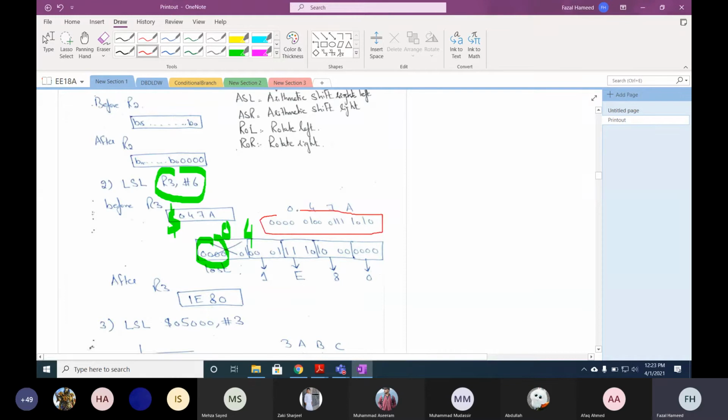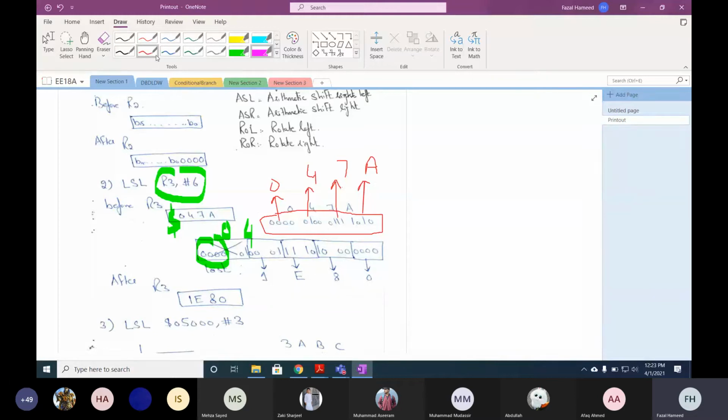If you look at this, how many zeros are inserted? 6 zeros. So this is 0, this is 4, this is 7, and this is A. If you look at 1 0 1 0, these are the last bits.